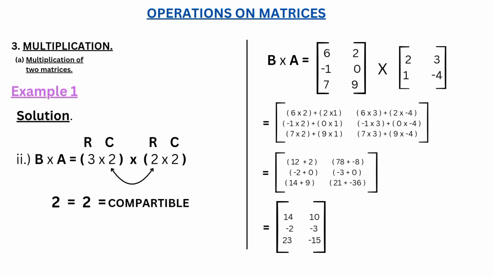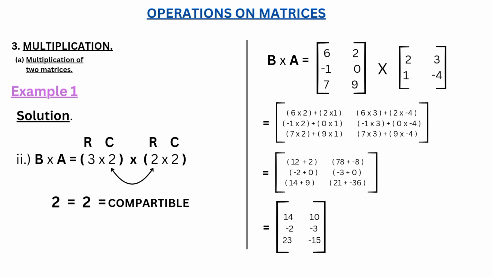So again, we multiply each element with the corresponding element. When multiplying, we take a row from the first matrix, which is matrix B, and a column of the second matrix, which is matrix A, multiply corresponding elements from the row and column, and then add the results of this multiplication.